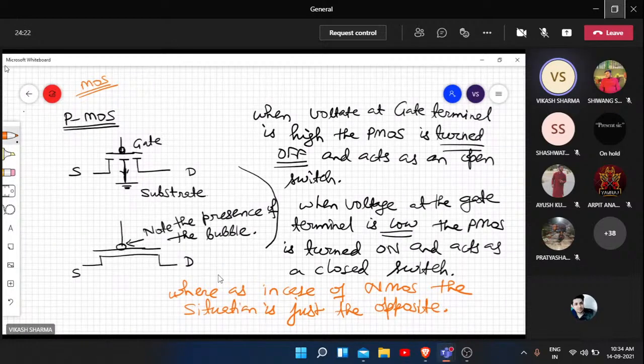Because we are going to design the NAND gate, AND gate, OR gate, and NOT gate using CMOS logic. So since I'm going to explain them, I think this basic information is essential, and with this basic information, we can proceed.